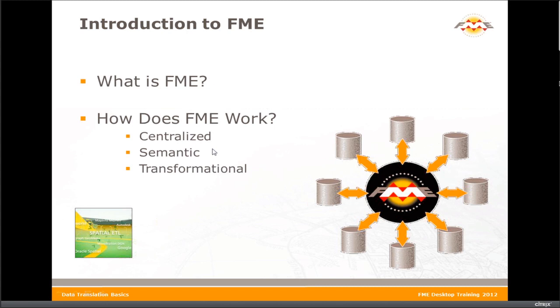So it's able to move data from any one format or any combination of formats at once to any other combination of formats. We talk about things like semantic translation, which means changing the data model as the data is moving, so that you're able to deliver to the applications exactly what they want.